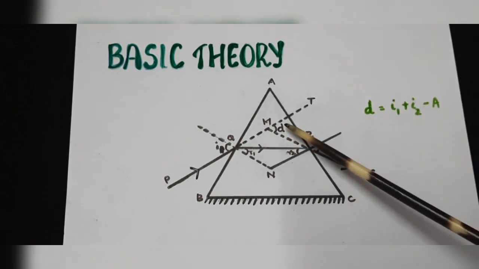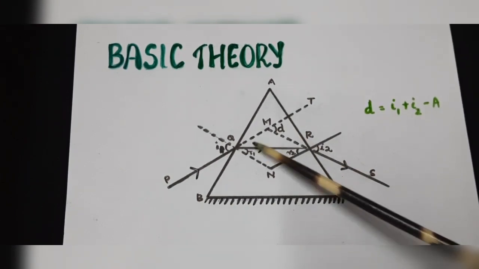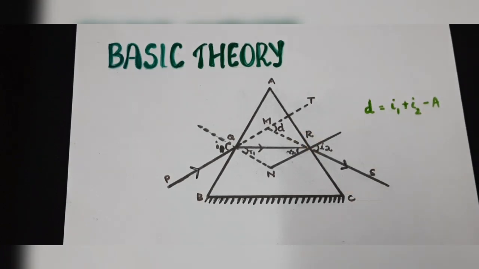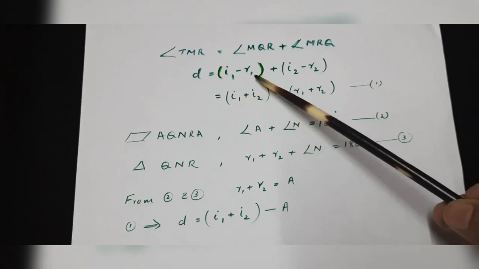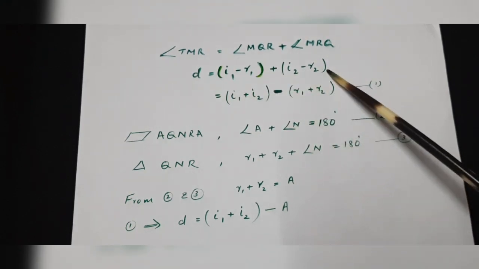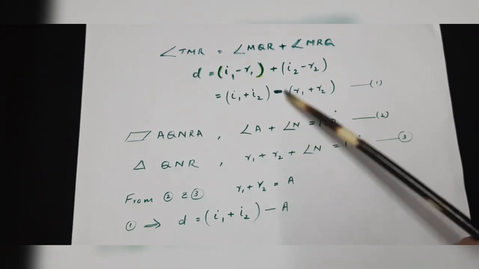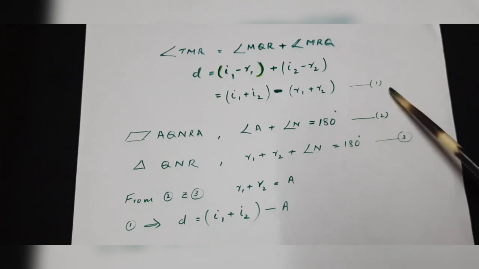So I can write D is equal to I1 minus R1 plus I2 minus R2. Now the equation D equals I1 minus R1 plus I2 minus R2 can be rearranged as D equals I1 plus I2 minus (R1 plus R2). That is our equation 1.